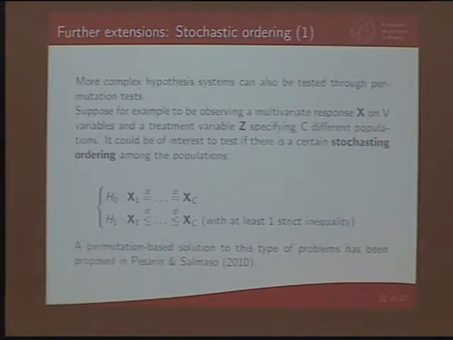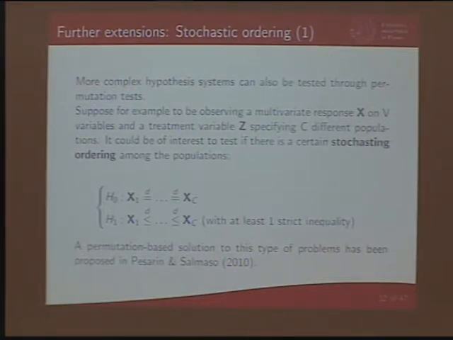Another situation that can be of interest is stochastic ordering. If you have more than 2 samples, so assume you have C samples, and you think there is a trend among the samples, so maybe they are increasing levels of a treatment according to different dosages, you want to test if there is an increase along the treatments for the several variables that you have in your problem.